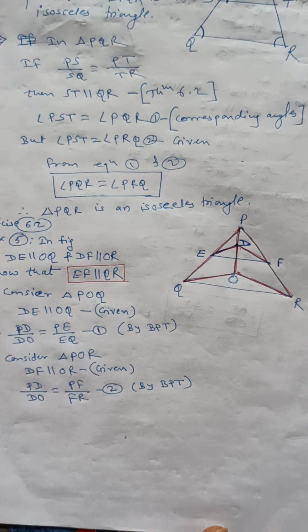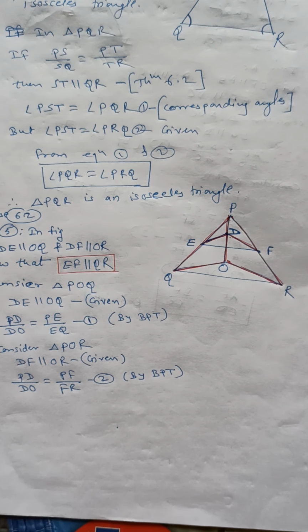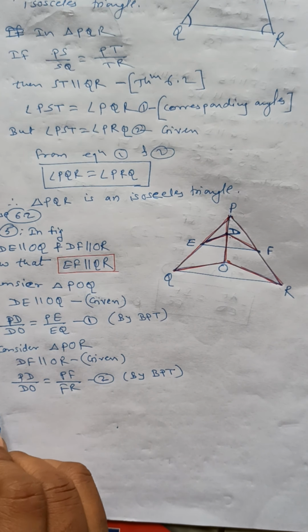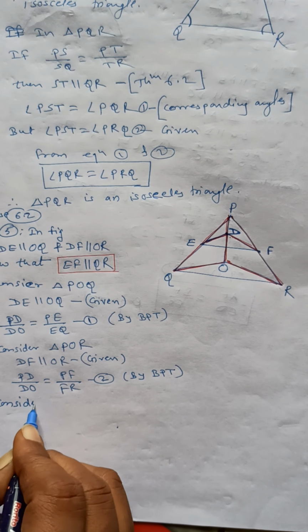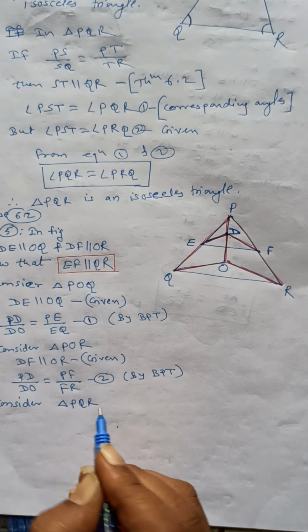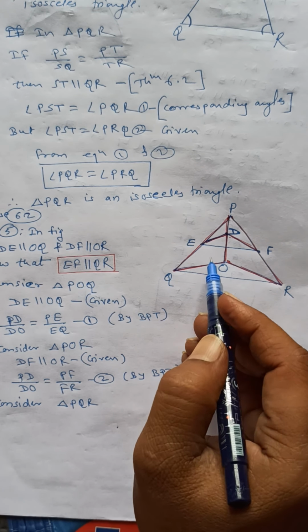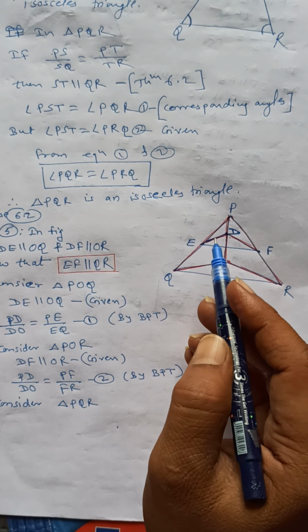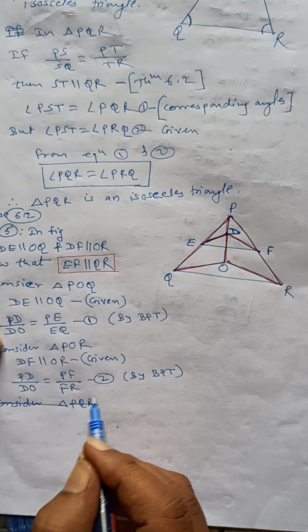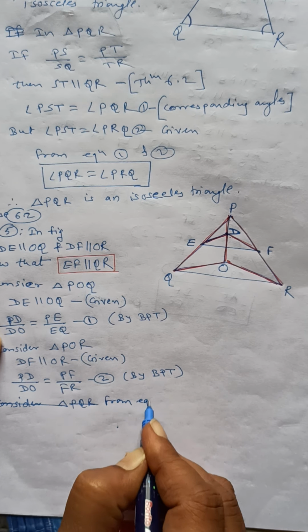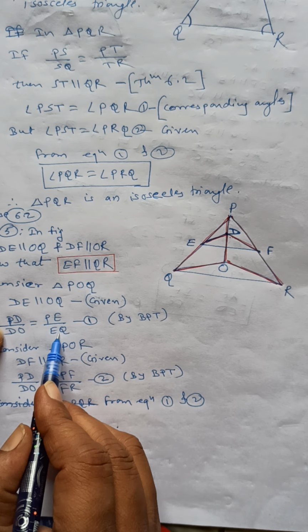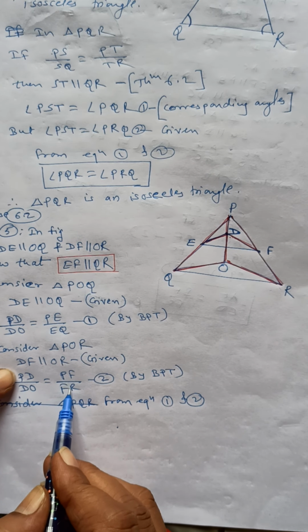Okay, so now we have to prove what we have to prove: EF is parallel to QR. Now consider the big triangle PQR. Before that, I'll write from equations 1 and 2: PD upon DO is equal to PE upon EQ, and PD upon DO is equal to PF upon FR.